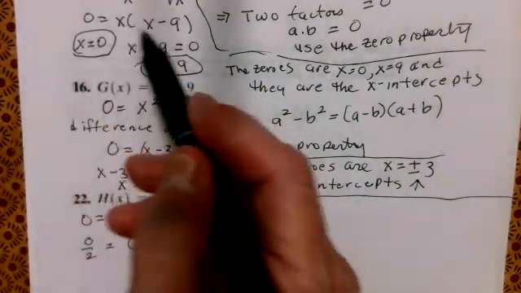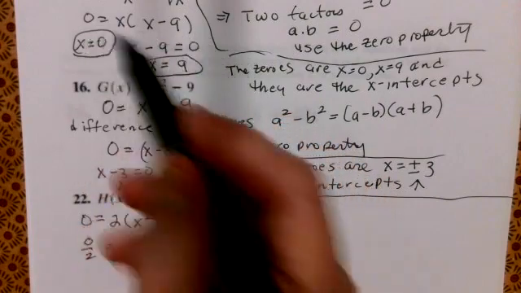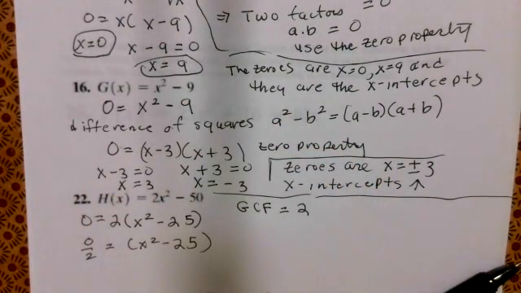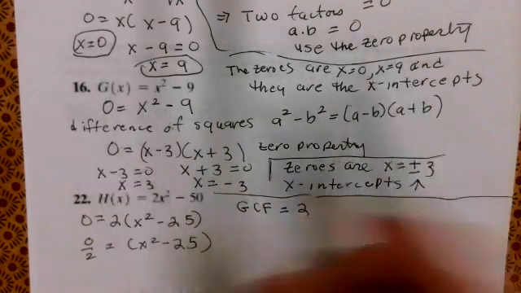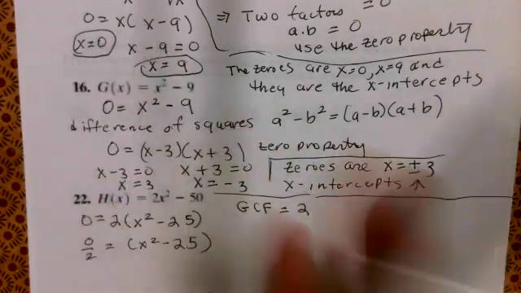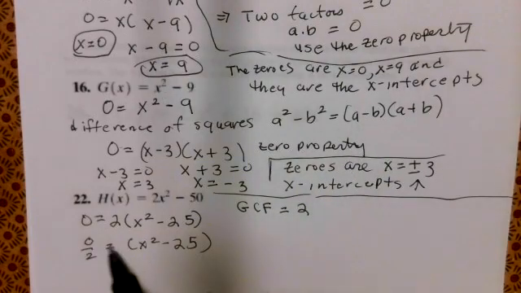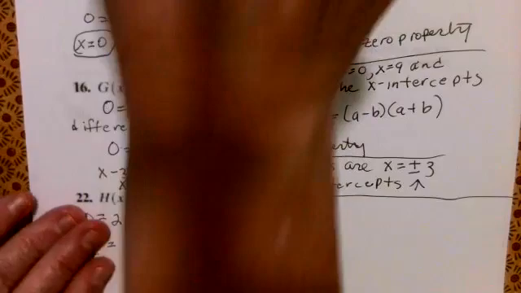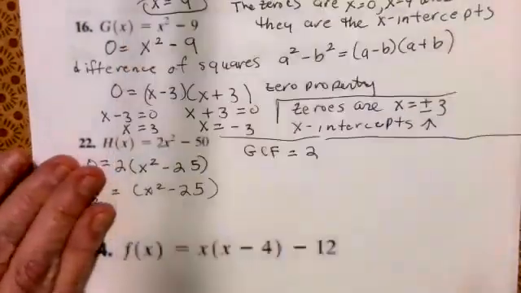So you can't divide by a variable unless you know for sure it's not 0. And that would probably have to be given. But when you're factoring, you're not going to be dividing by x ever. But we can divide 0 by a constant, and 0 divided by 2 is just going to be 0.